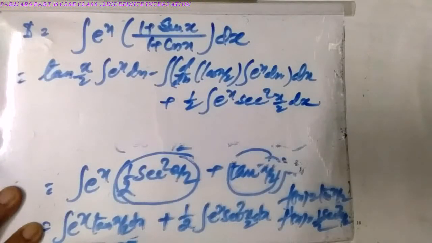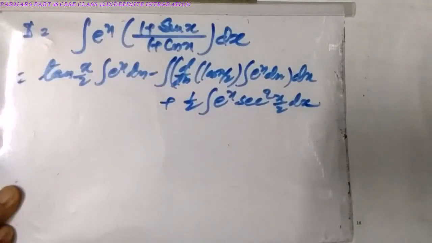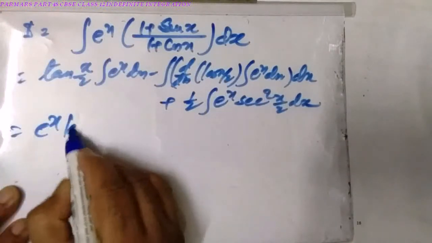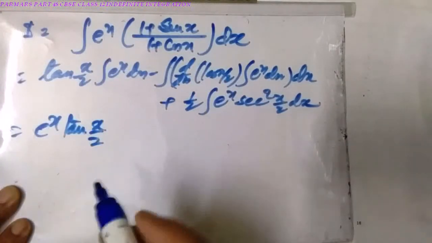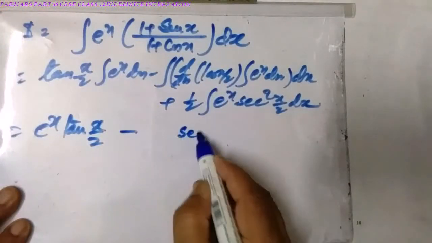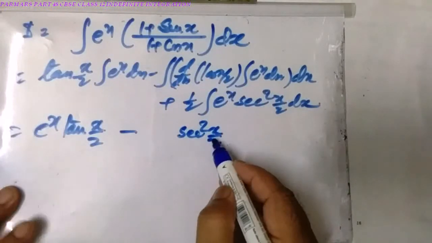Okay, so what should be the next step? The next step is e^x tan(x/2) minus the derivative of tan(x/2), which is sec²(x/2) times 1/2, applying the chain rule since the argument is x/2 rather than x.